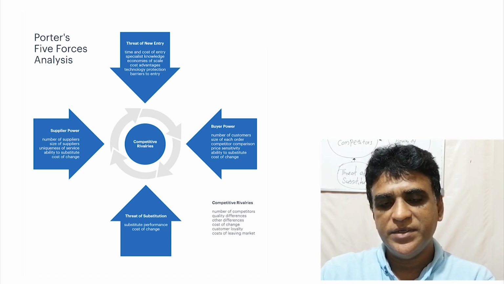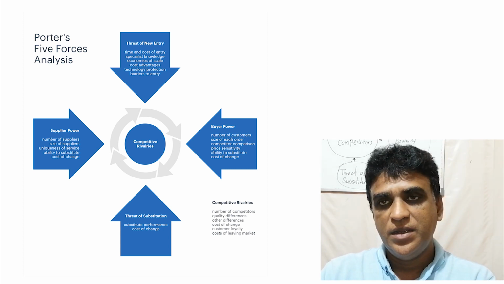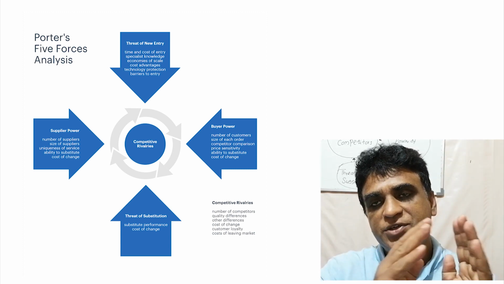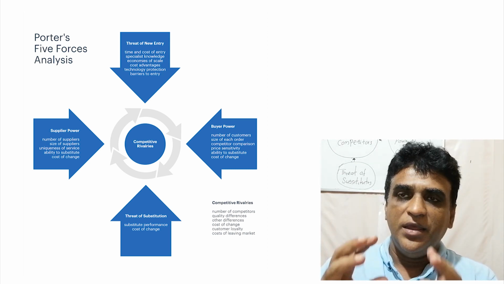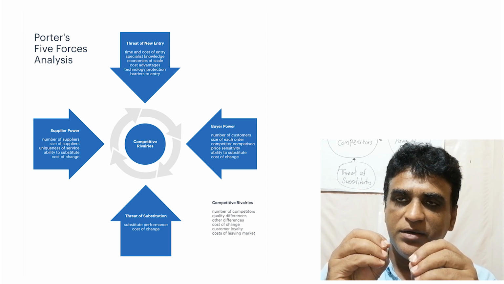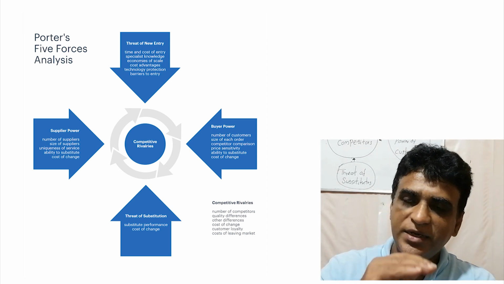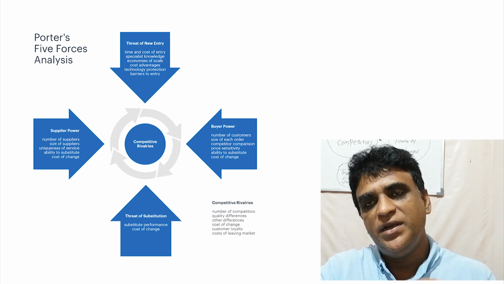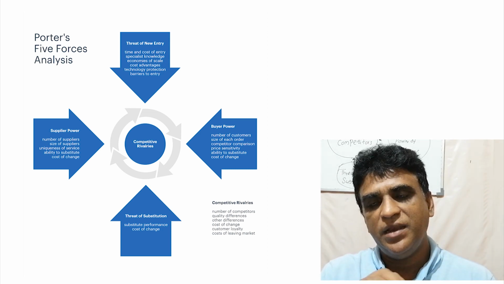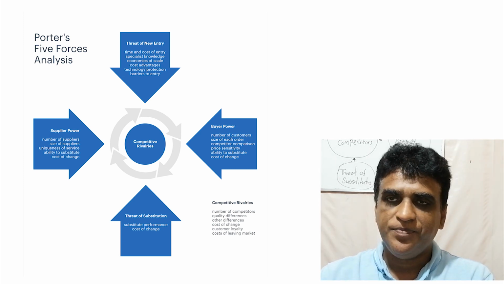Competition is rivalry among competitors. Second is the potential of new entrants to the industry: how new ventures and new competitors come into the industry. If a huge capital is needed to start the same type of business, then there is less threat from new entries. If the capital and effort required are very low, then there is a high risk from new entrants.